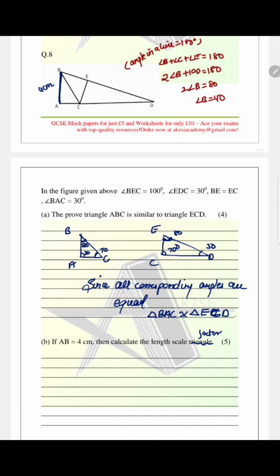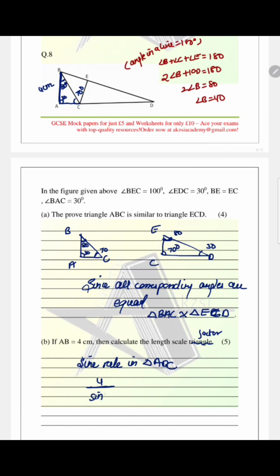We are aware of two angles. This angle is 80 degrees, this angle is 30 degrees, and this angle is 70 degrees. So if I apply the sine law, I'll be able to calculate the side BC. So on applying sine law or sine rule in triangle ABC, AB is 4 centimeters over sine of the angle opposite to side BA, which is angle 70.